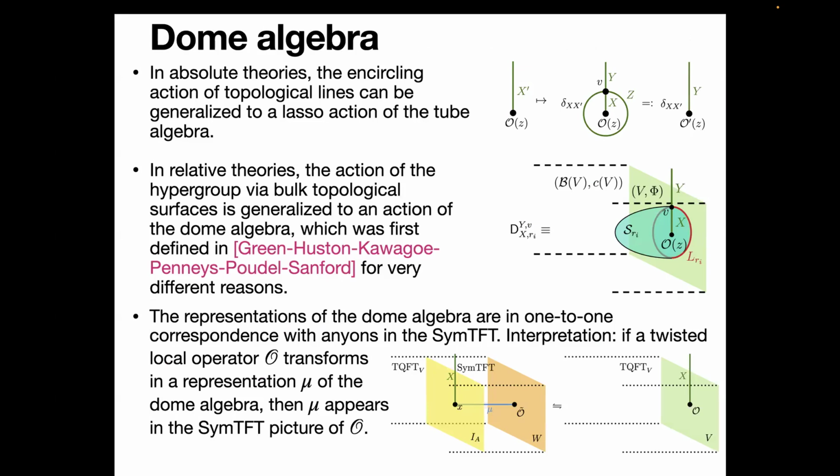Your SymTFT is of dimension 2 plus 1, but your theory is 1 plus 1 dimensional. It's a symmetry of a 1 plus 1D relative theory. And the SymTFT is a 2 plus 1D topological order.